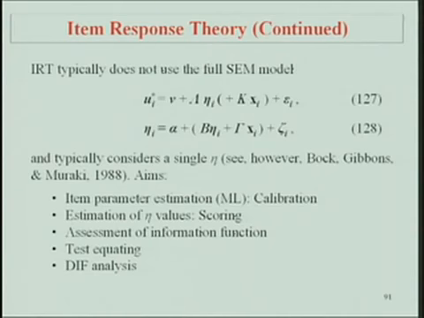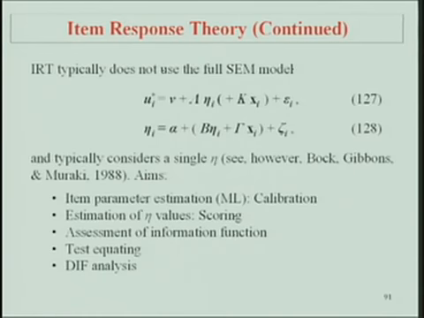And then the connection between the u's and the u stars is through that threshold formulation that we looked at before. Certainly, that's just the same as talking about the logit or a probit. Now, IRT typically works only with the terms that are not in parentheses.